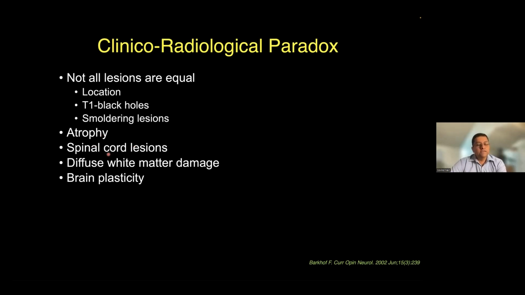There is less reserve in the spinal cord, so a lesion may lead to more clinical effects in the spinal cord than in the brain, maybe. And then there is diffuse white matter damage that is not particularly a lesion, but we saw in that staining how there's a little bit of heterogeneity in the stain. On the other side, the brain is an extremely versatile organ, so it's got plasticity, so it can compensate for some of these clinical deficits. So that is the other side.